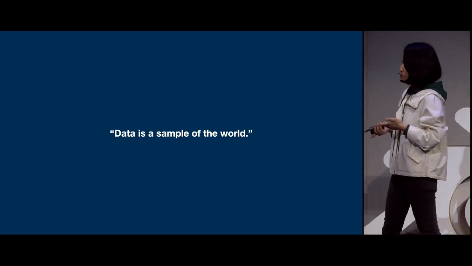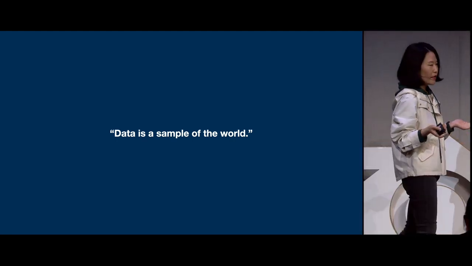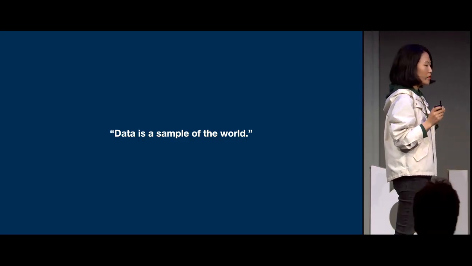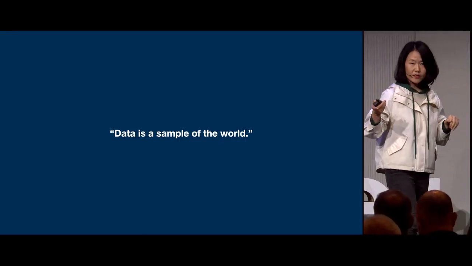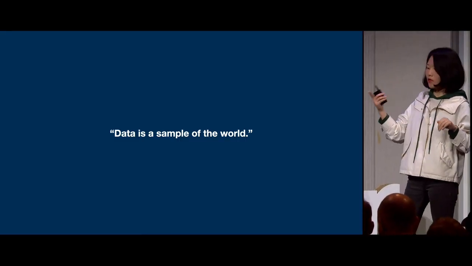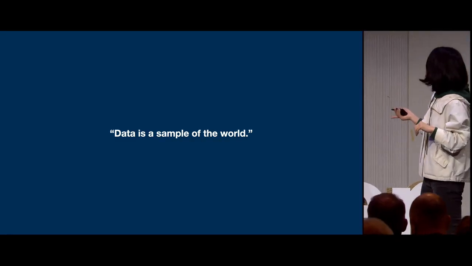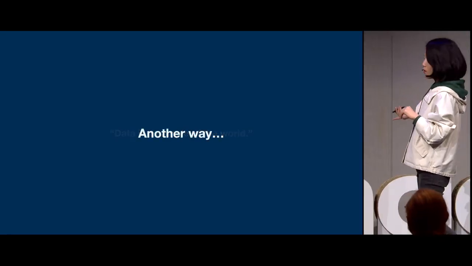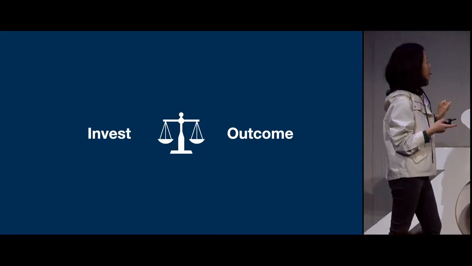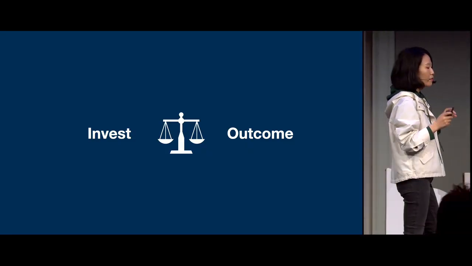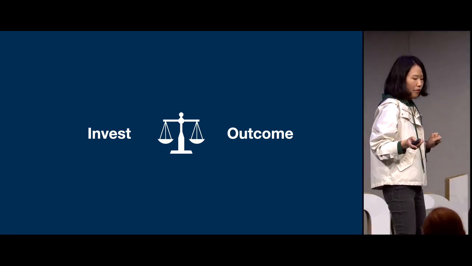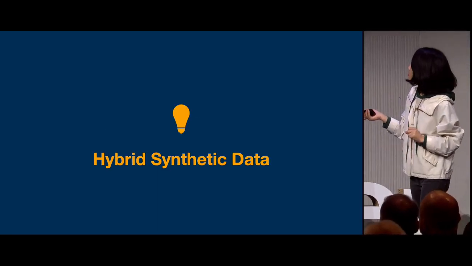As 3D artists, we know what that means. It means very complex procedural content generation, high quality assets, and a lot of rendering. But we found another way of doing synthetic data generation, where we can invest less and measure the outcome very quickly. And surprisingly, it works very well. This is hybrid synthetic data.